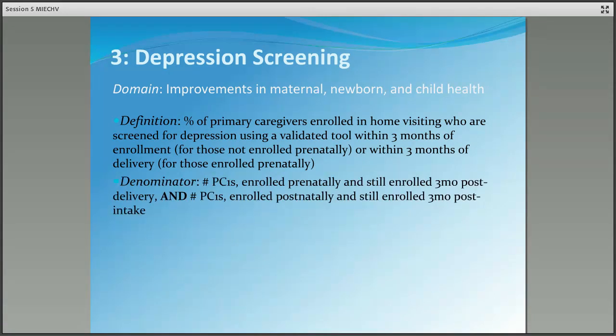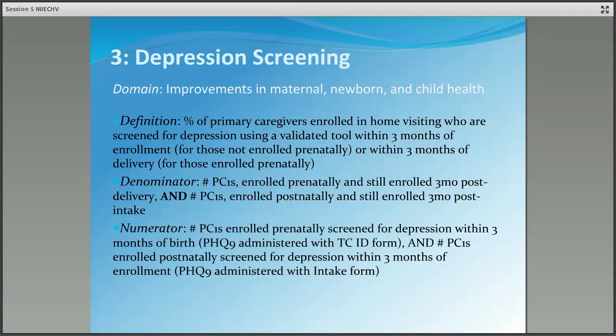The denominator here is the number of PC1s enrolled prenatally and still enrolled 3 months post-delivery, and the number of PC1s enrolled postnatally and still enrolled 3 months post-intake.